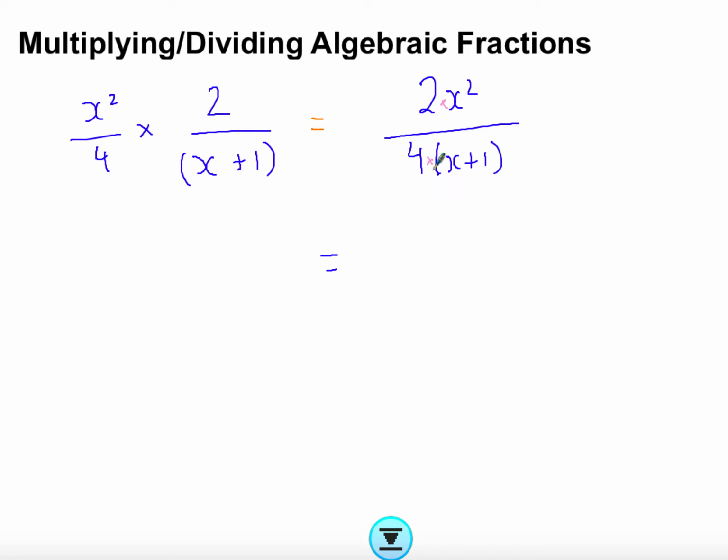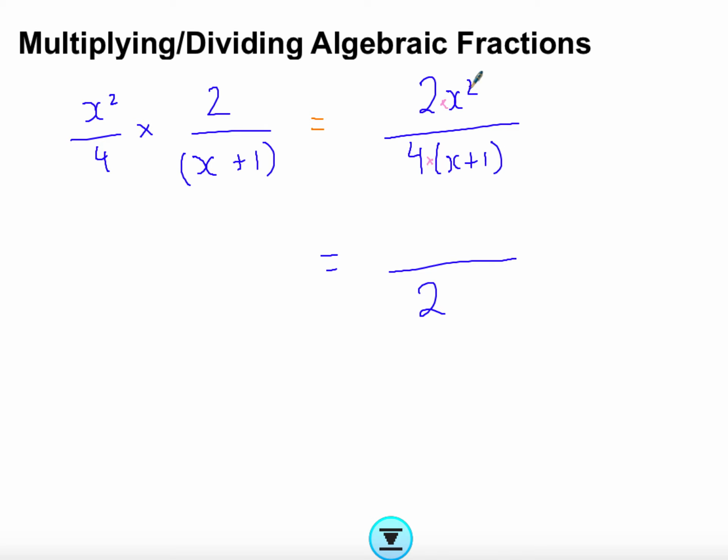So actually now that everything's being multiplied, and I'm going to keep this as a bracket just to ensure the multiplication, I can cancel things top and bottom, and I can look at the numerators first. So I can cancel the 2 and the 4, and that will give me 1 over 2. And I don't need to write the 1. Now the x squared and the x plus 1 do not cancel out.